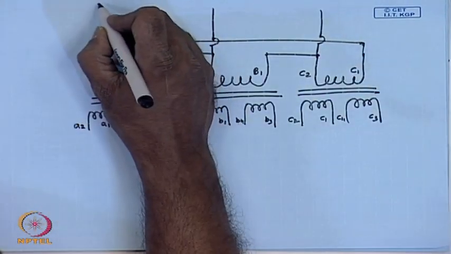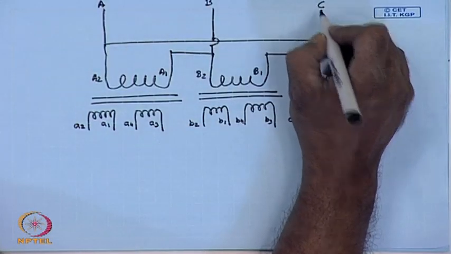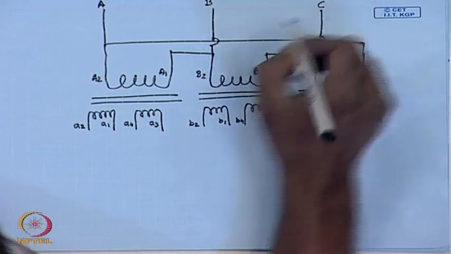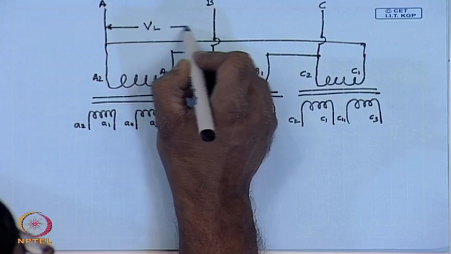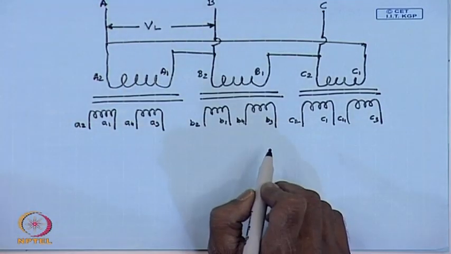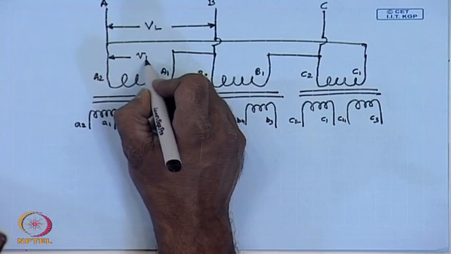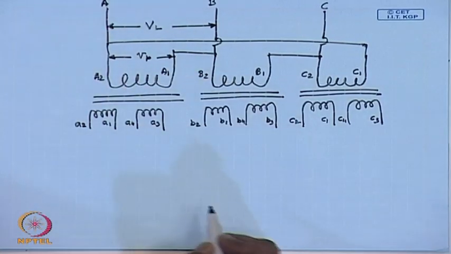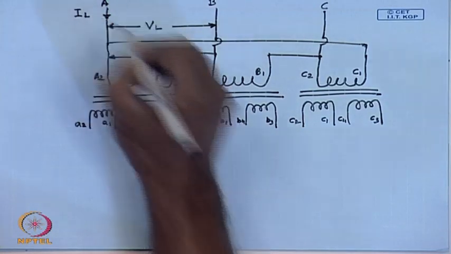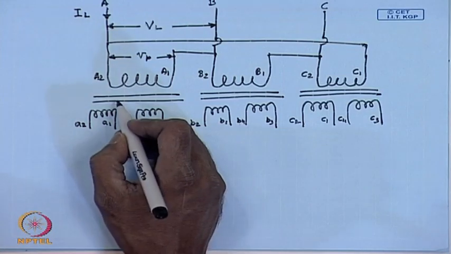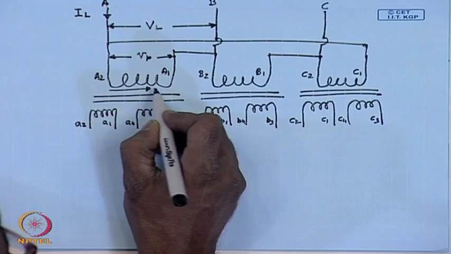So, this is phase A, this is phase B, this is phase C of the high voltage side. This is the line to line voltage V L. This is the phase voltage V p. This is the line current, high voltage side line current I L. Let this be the high voltage side phase current I p.